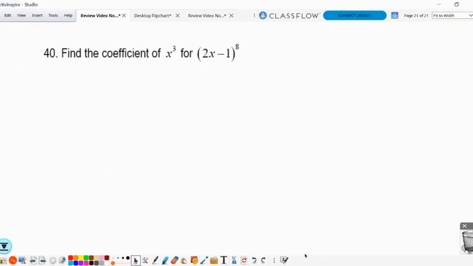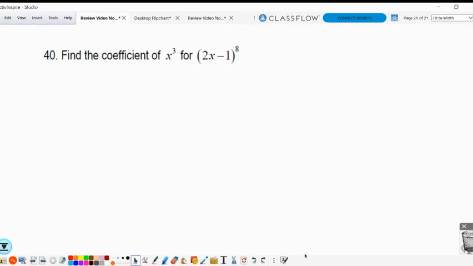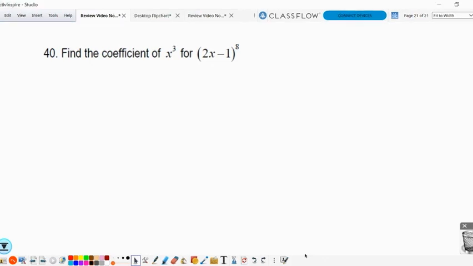And our last problem, finding the coefficient of the x cubed term within the expansion of 2x minus 1 to the eighth power. So let's count this down. We're going to use either the eighth row of Pascal's triangle, or we're going to use combinations. We're going to be looking for where x cubed is in that eighth row.